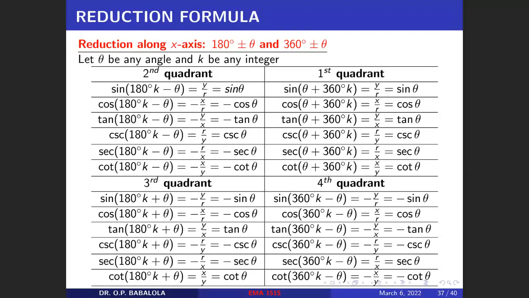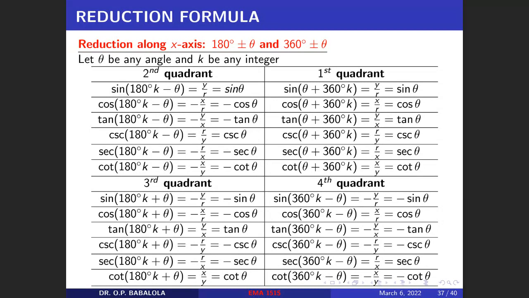You want to reduce along the x-axis. Whatever the value of this theta is, you pick out, and then you make it the final sine. Your final answer will be sine of this theta. We'll get to an example, you see what I mean.